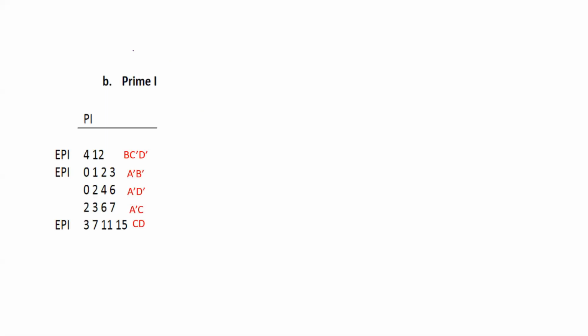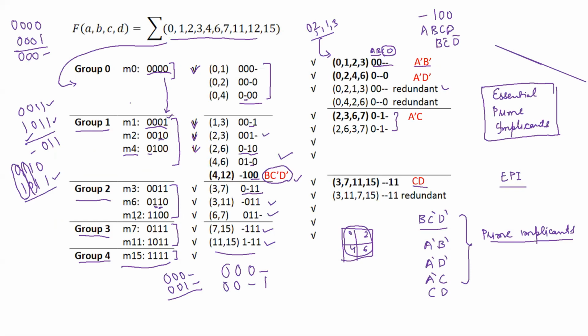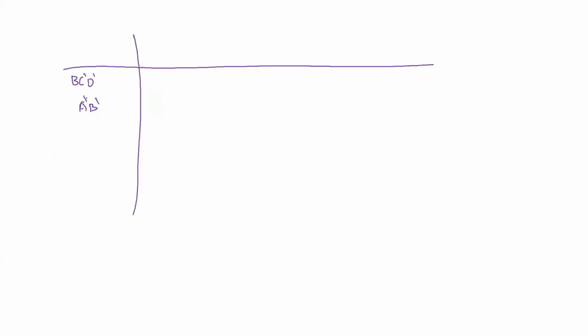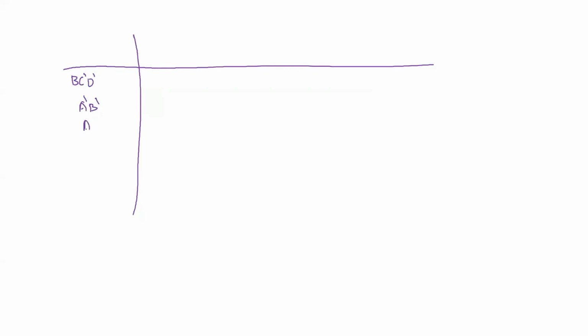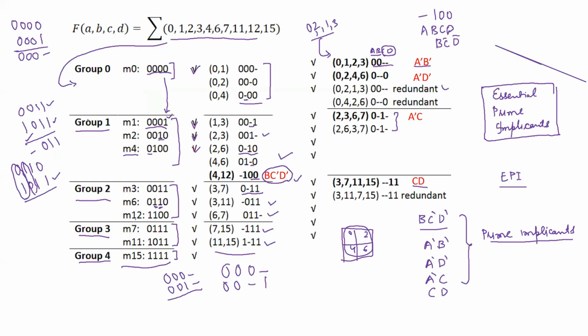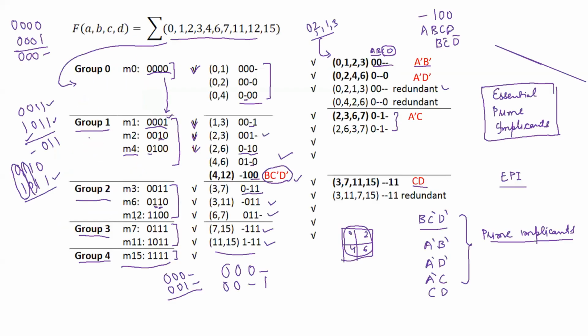What you are supposed to do here is write the terms like your B, C, D bar, which you got in the previous step, then A bar, B bar, next term A bar, D bar, then the next term A bar C, and the next term CD.